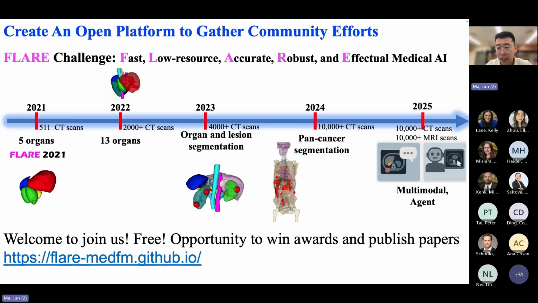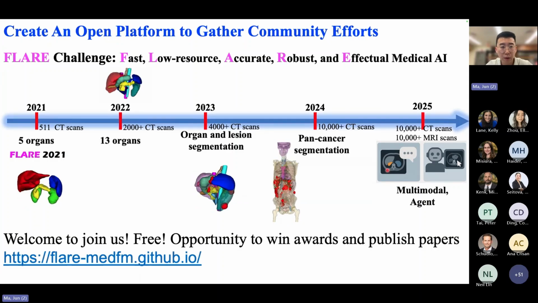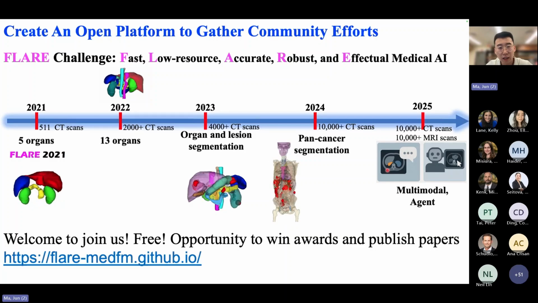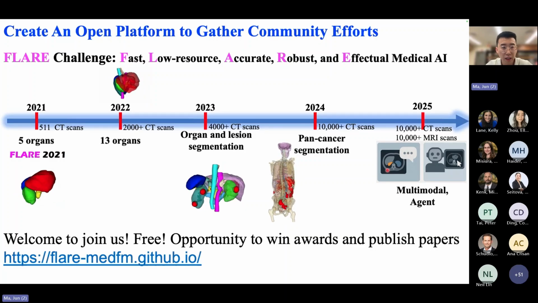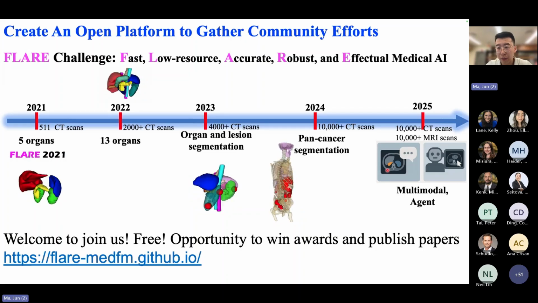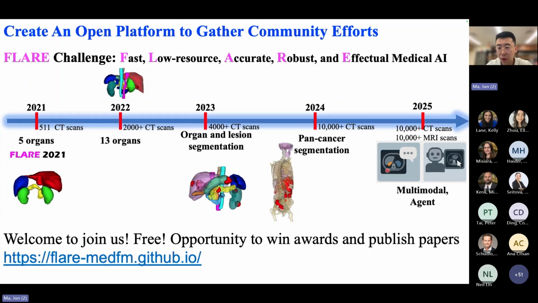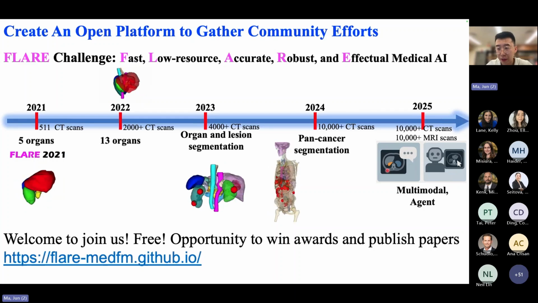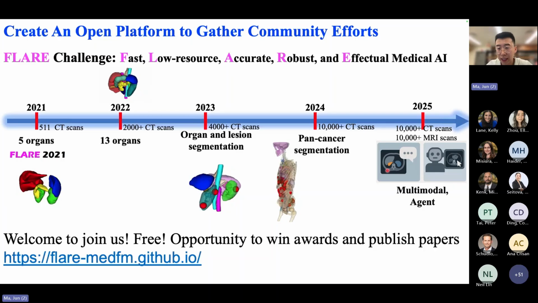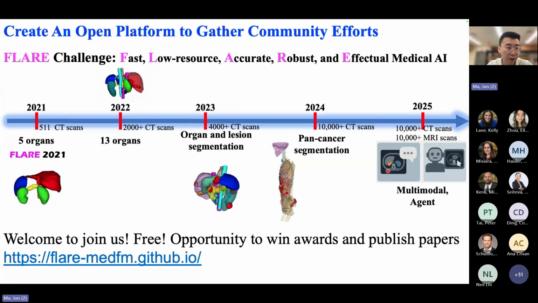Looking ahead, we are working on creating an open platform for community efforts to solve the challenges in medical image analysis together. For that challenge, what we have been doing for 5 years, its mission is to work with the global research community to come together, to think differently, and to solve the challenges in medical AI, ultimately transforming outcomes for people affected by cancer.